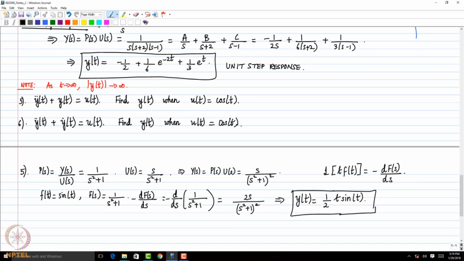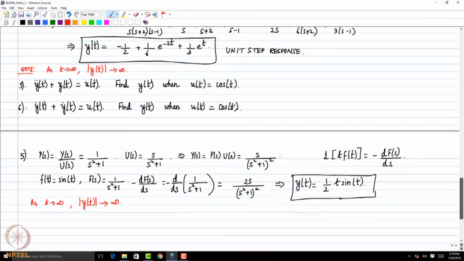So the Laplace inverse of s divided by s squared plus 1 whole square is 1 by 2 of t sin t. So immediately we observe that as t tends to infinity, the magnitude of y of t tends to infinity. Do you agree?